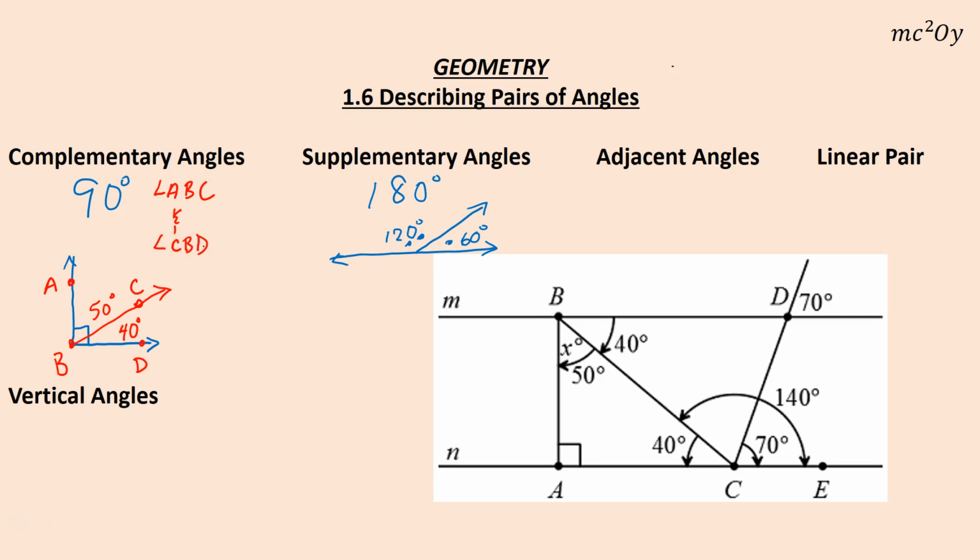I didn't want to spend tons of time on those because I do have a picture down here that may help out. So I have ABC and CBD. Looking at those angles, there's your 50 using your ABC, and here's your 40 using your CBD. So these two angles, since they add up to 90, form complementary angles.